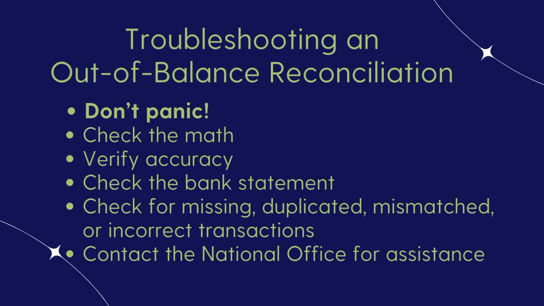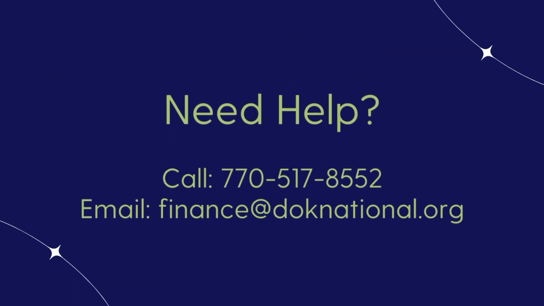Check for any missing, duplicated, mismatched, or incorrect transactions by again comparing the transactions in your accounting records with your bank statement. If after going through these steps, you are still not able to reconcile your account, please feel free to contact the national office. We are happy to help you.